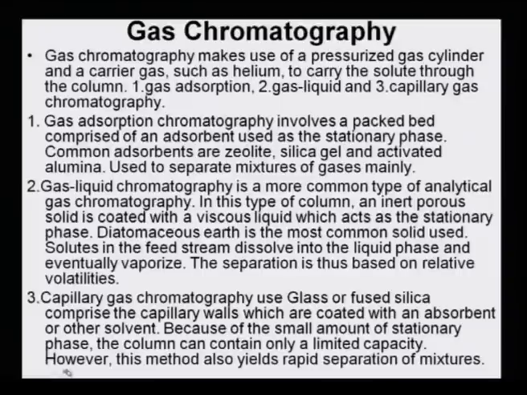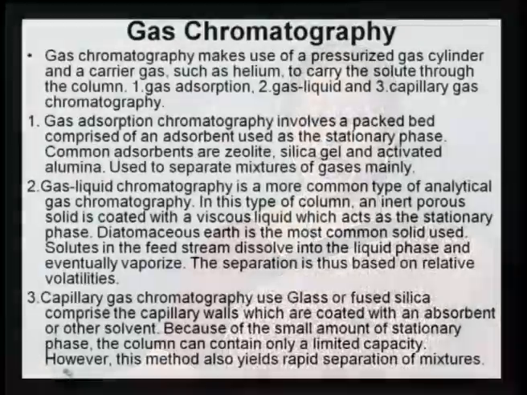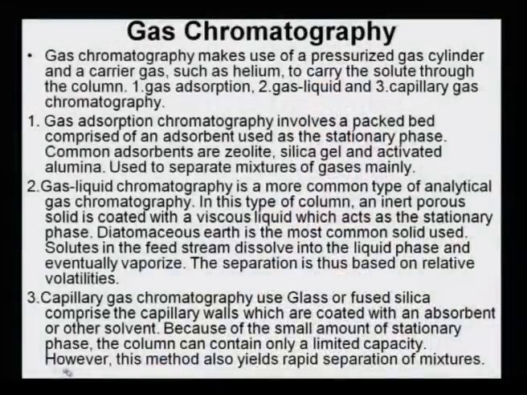Common adsorbents used here are zeolite, silica gel, and activated alumina, and it is used to separate mixtures of gaseous material mainly. As the name suggests, gas is always related to compounds which can volatilize or which have a low boiling point.